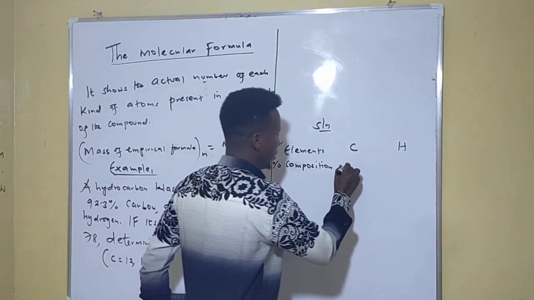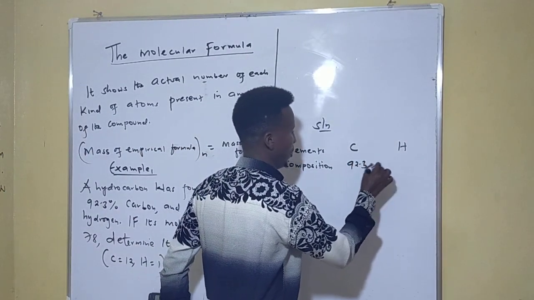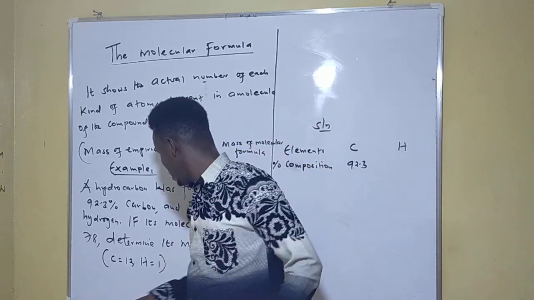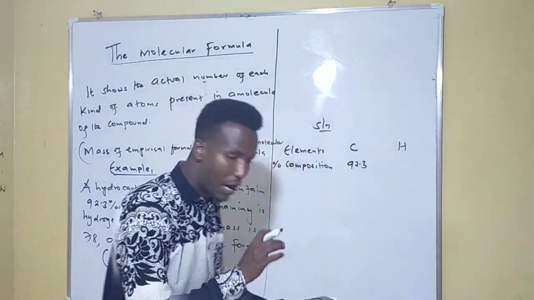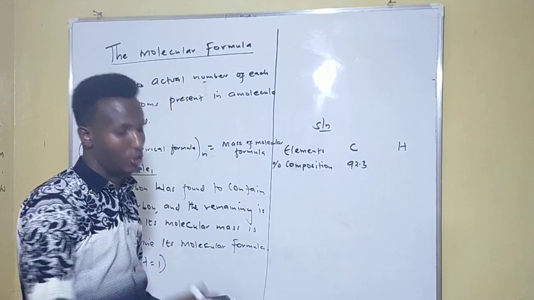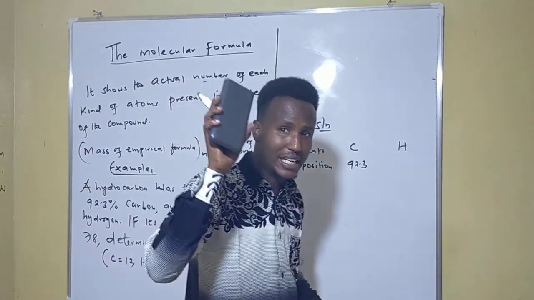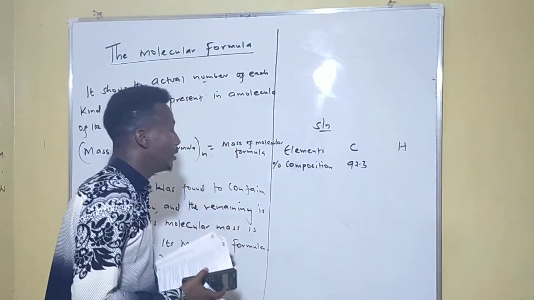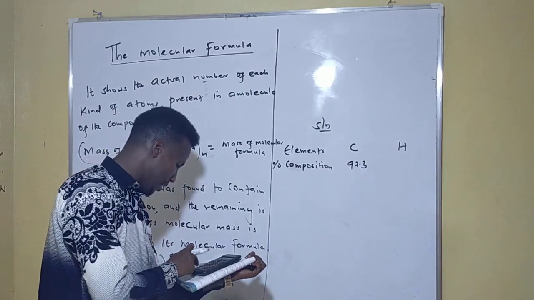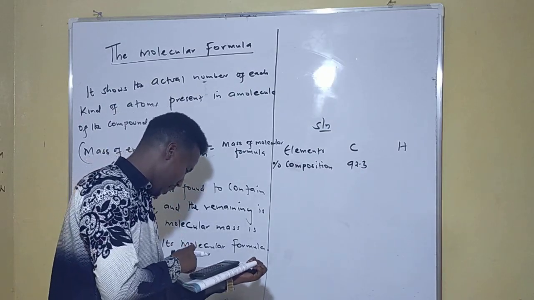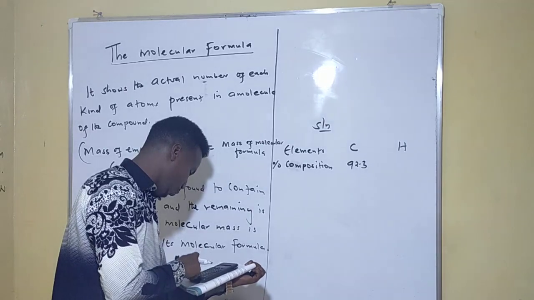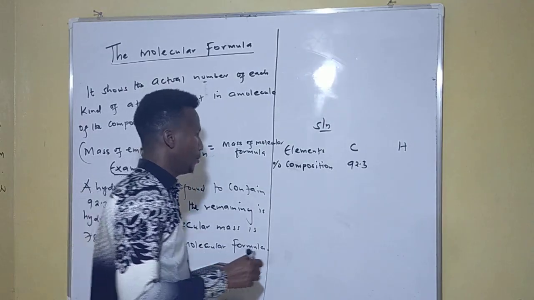So carbon is 92.3. For the remaining, we will use our calculator. When you're learning math and chemistry, don't forget you must have your calculator. It will ease the burden for you. So you're going to say 100 less 92.3. That will give me 7.7.